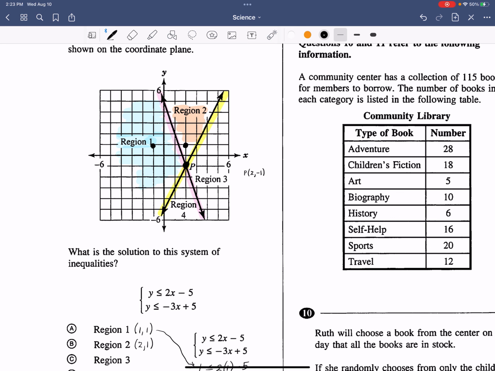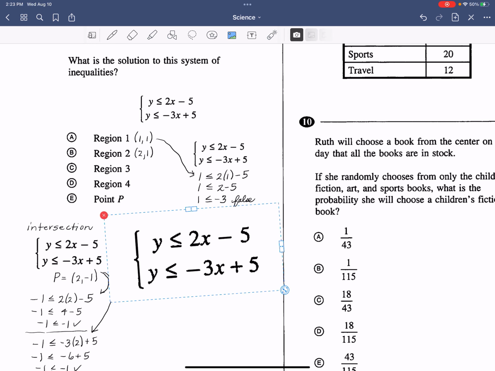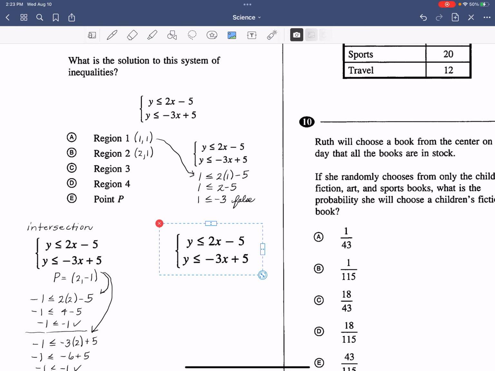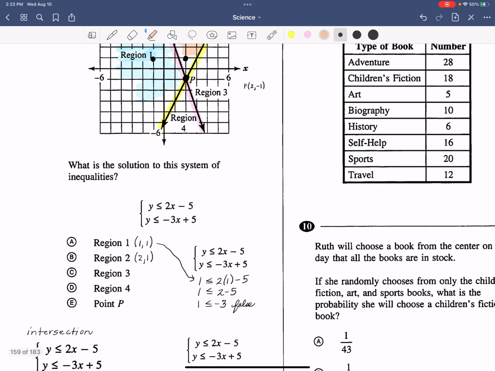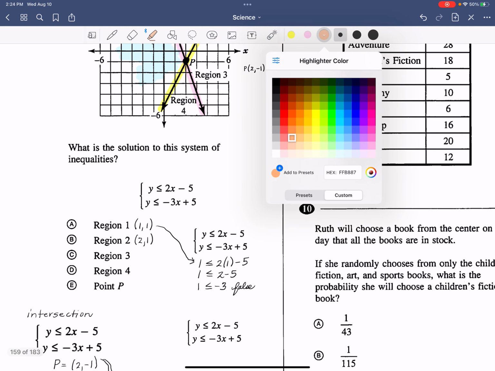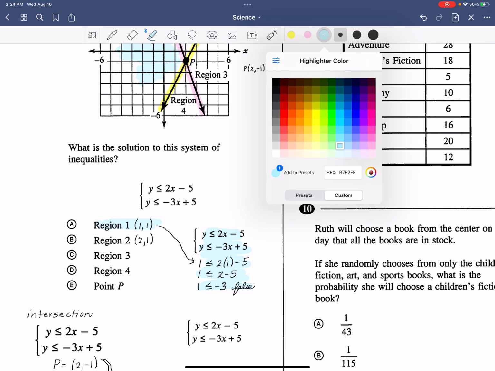So let's test that particular point and see what we get. So I'm bringing this in. I tell you what, let me color code because I'm getting confused. This is where it doesn't pay to be dyslexic. So this was the blue area in region 1. Region 2 is orange.